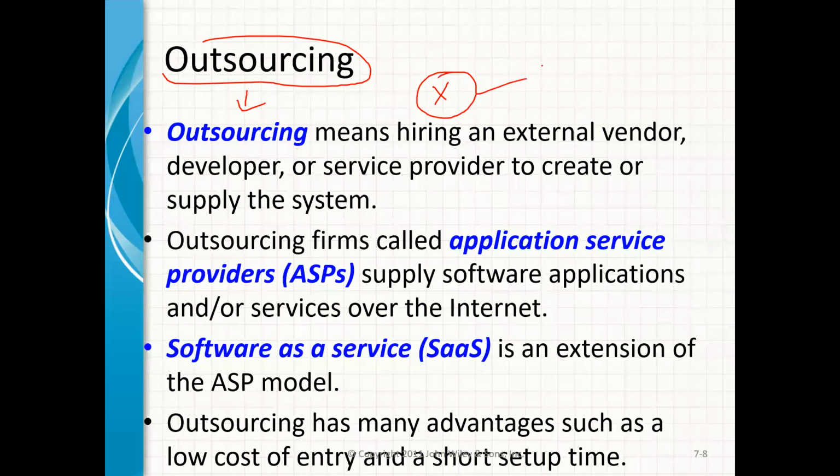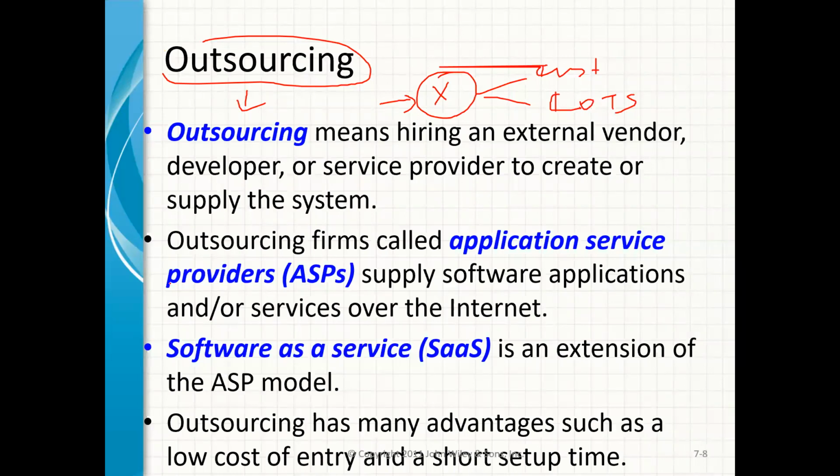This person can either develop it from scratch, that is custom development, or buy commercial off-the-shelf software. What I care about is getting a system from this person. That's the meaning of outsourcing. I do not want to do this work. I want someone else to do this work for me.